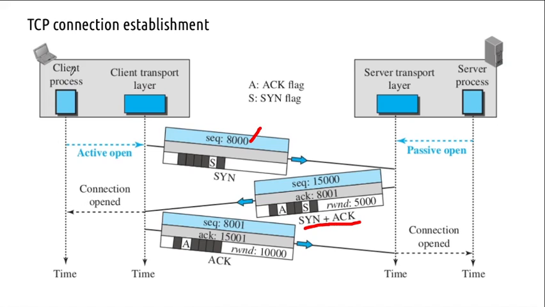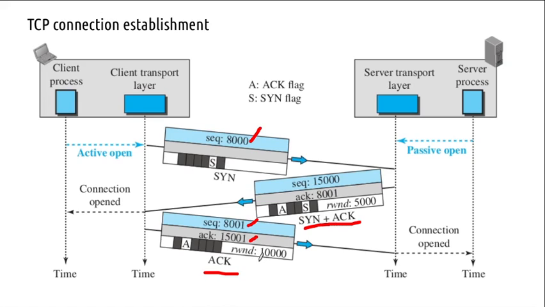So a TCP connection is established with the client process through a particular port number which is already known between them, and an acknowledgement is sent by the client to the server with the sequence number 8001, so the next sequence number is assigned, and the acknowledgement is for 15001.